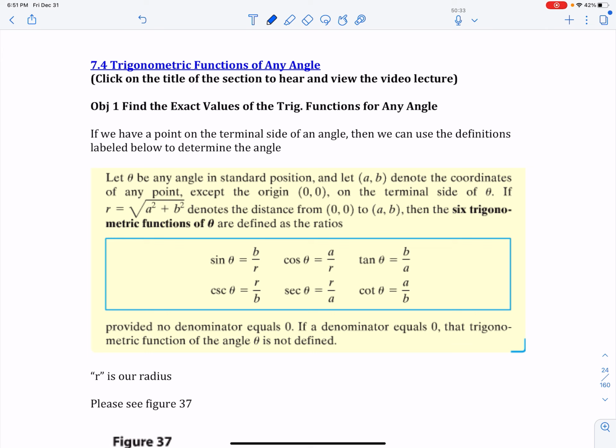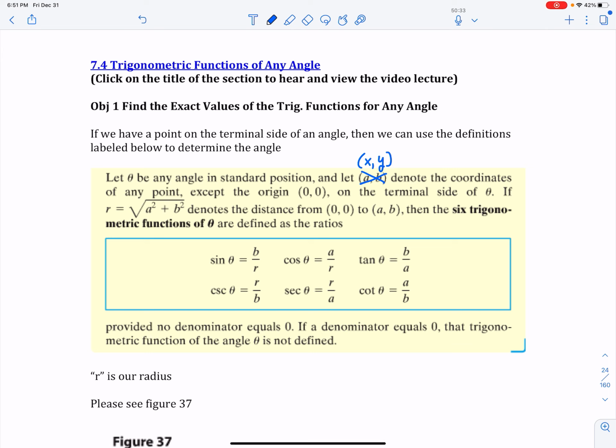So if we look at the yellow box, it says let theta be any angle in standard position, and let (a, b) denote the coordinates of any point except the origin (0, 0) on the terminal side of theta. So we're talking about where the angle ends, okay? And if you don't want to use a and b, we can use x and y instead.